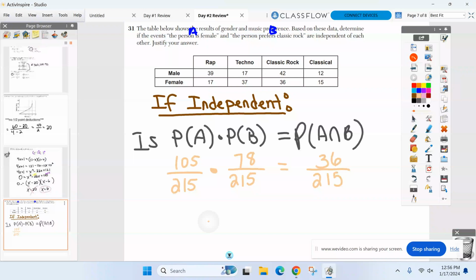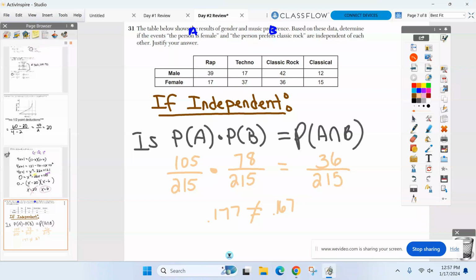I think I got about 0.177 over here and 0.167 over here. Oh, they came so close. Don't care. They have to be equal to each other. Okay, so you can write dependent or not independent, either one.